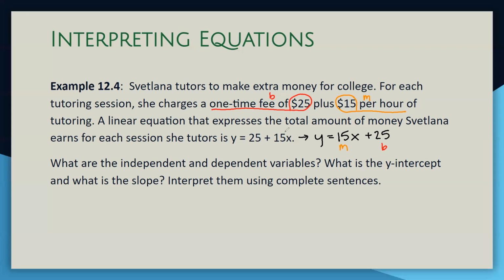So I know that this equation is outputting a total amount of money. So the first thing I know is that the dependent variable, which is y in our equation, represents the total amount of money earned.